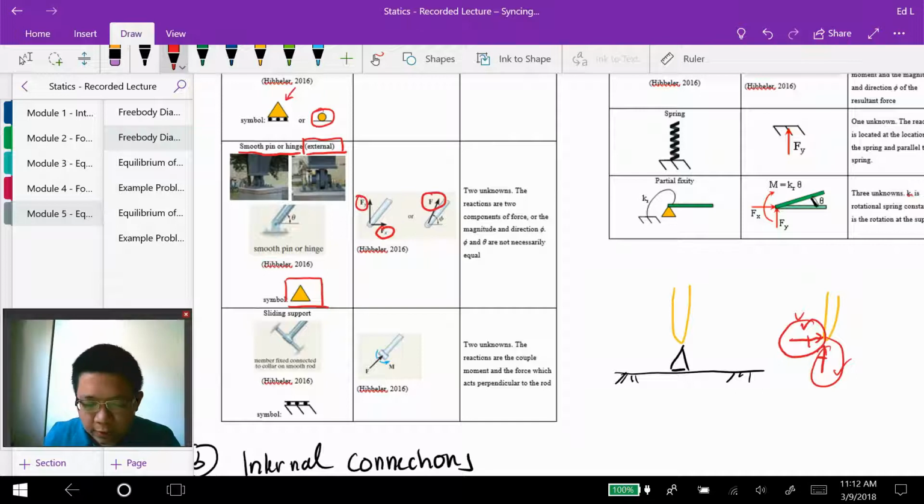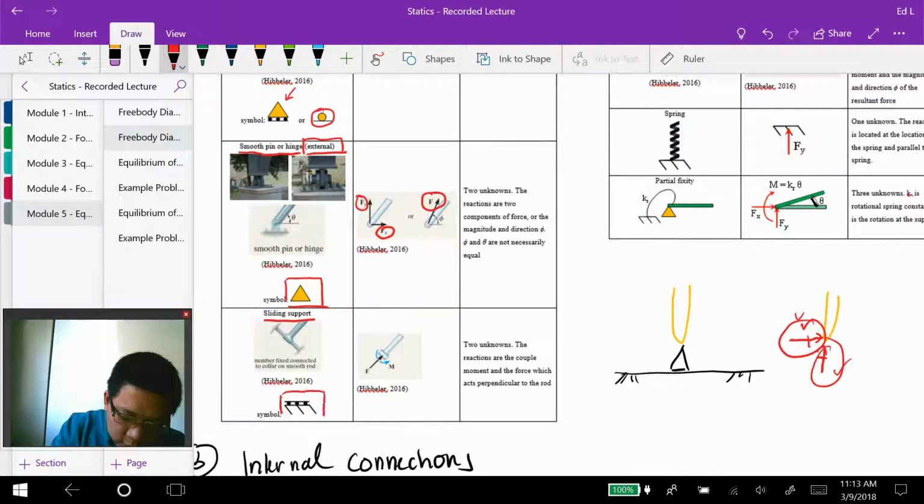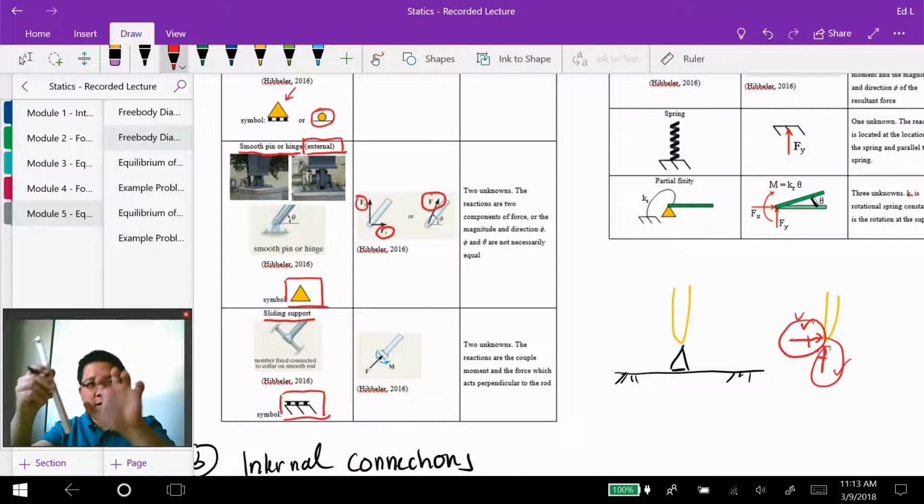All right. The next type of support here is what we call a sliding support, and usually I use this symbol to indicate a sliding support. So what does this sliding support look like?